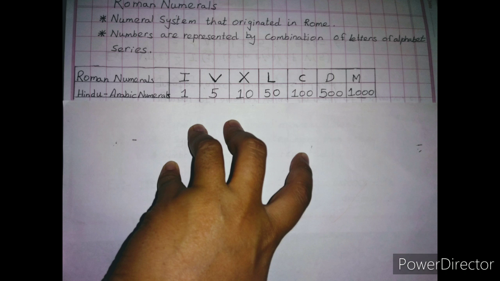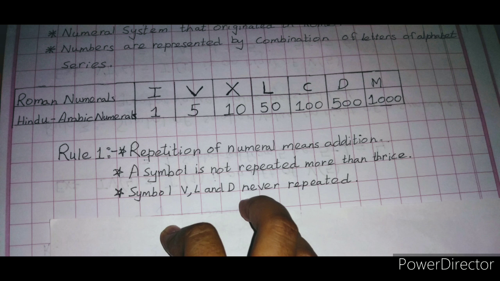To write other numbers from these basic symbols, we have to follow some rules. Rule number 1 says that repetition of a numeral means that we have to add that letter. A symbol cannot be repeated more than thrice. The symbols V, L and D are never repeated.